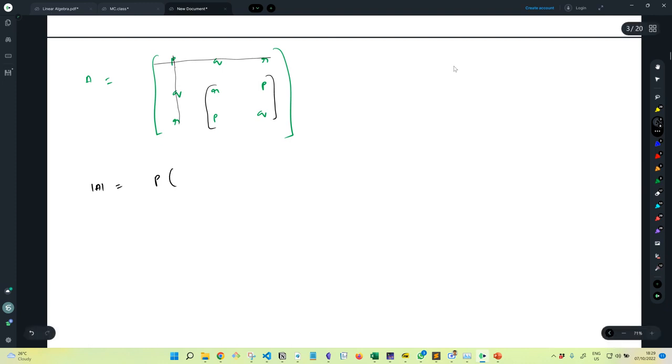So P into (RQ minus P square). Then minus Q into, once I take this coefficient, I eliminate the first row and second column, then I get (Q square minus RQ). Similarly, I get plus R times (QP minus R square).